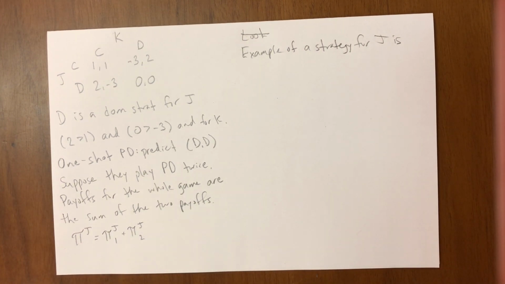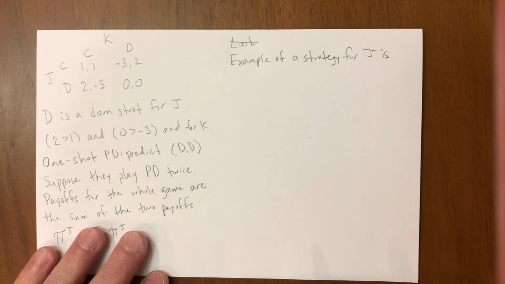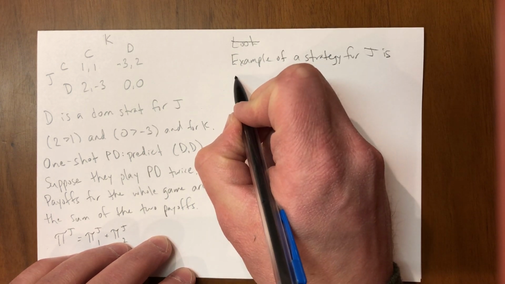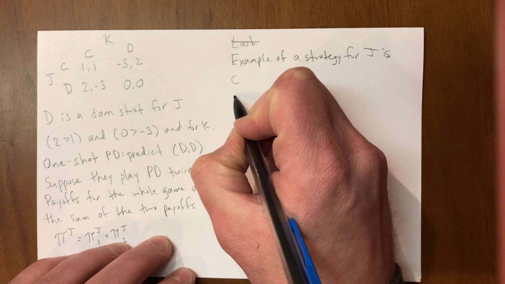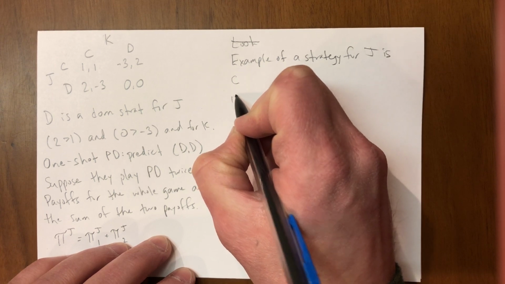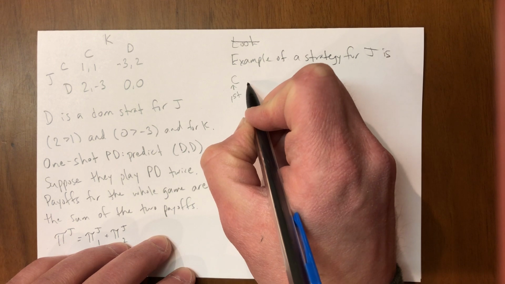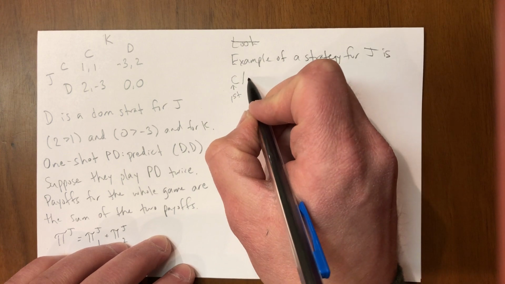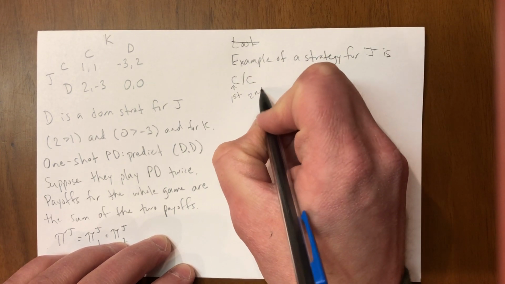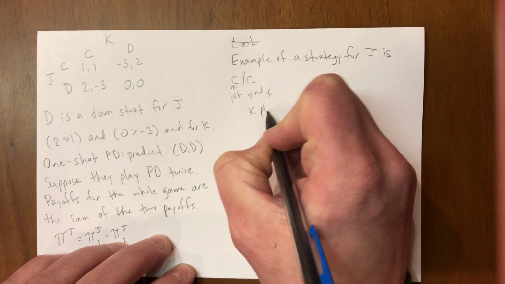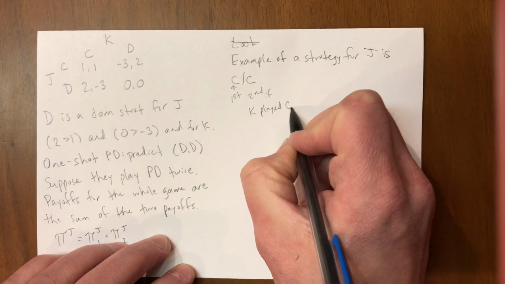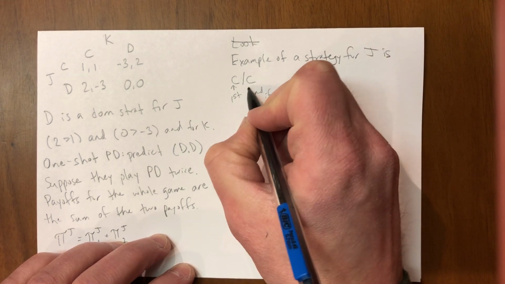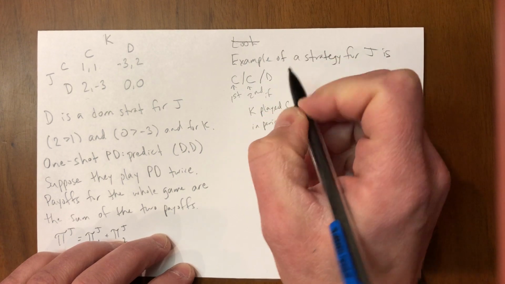J could say, well, in the first period, I'm going to cooperate. And then in the second period, it's going to depend. So I will cooperate if K played cooperate in period 1. And then otherwise, I'll play D.